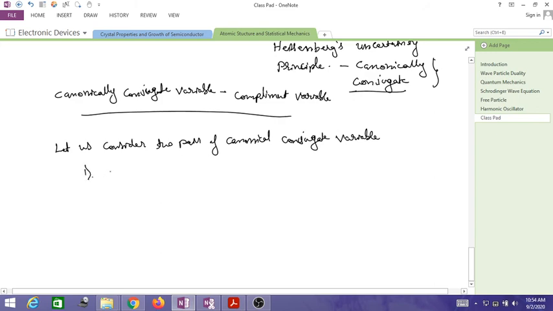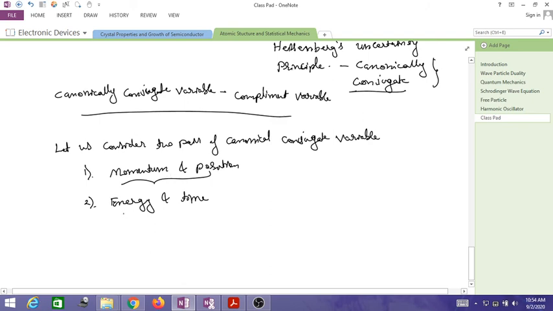The first pair is momentum and position, and the second pair is energy and time. These two are complement to each other. It means if an electron has a momentum, then we cannot define its position. If we define its position, then we cannot define the momentum of the electron.